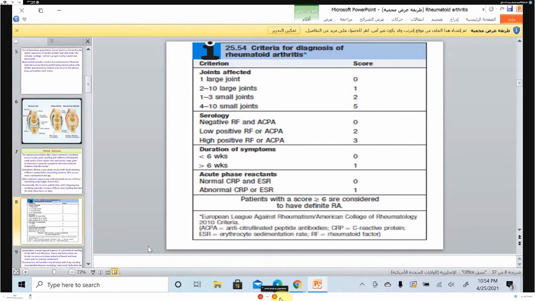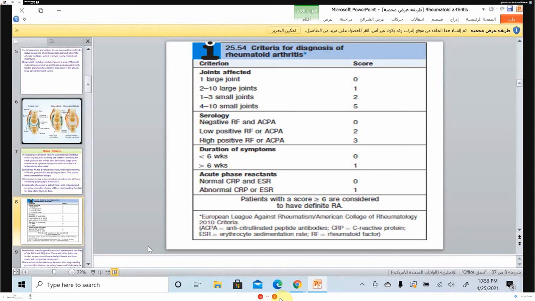The criteria for the diagnosis of rheumatoid arthritis: we have the criteria regarding the joints affected, serology, duration of symptoms, and acute phase reactants. Patients with a score more or equal to 6 are considered to have definite rheumatoid arthritis.